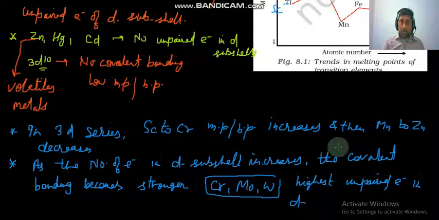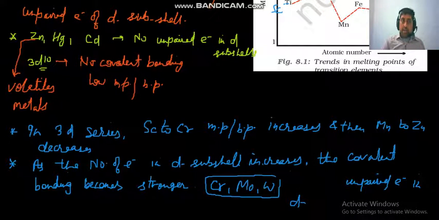So in fact, I must say not all the electrons in the d subshell, because in the 3d series you can say manganese has the highest unpaired electrons.